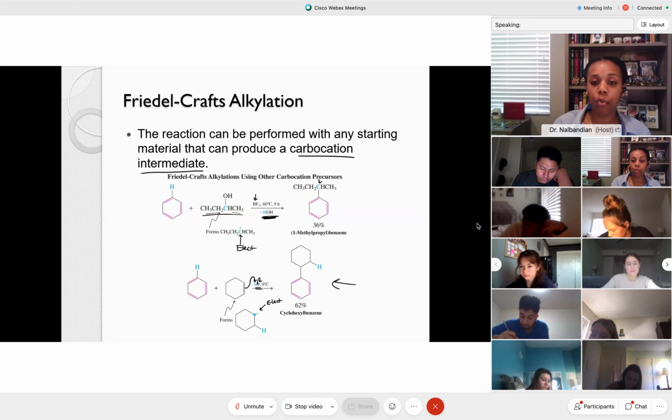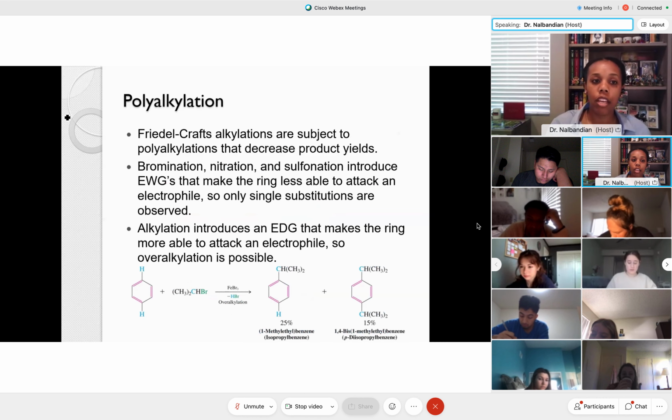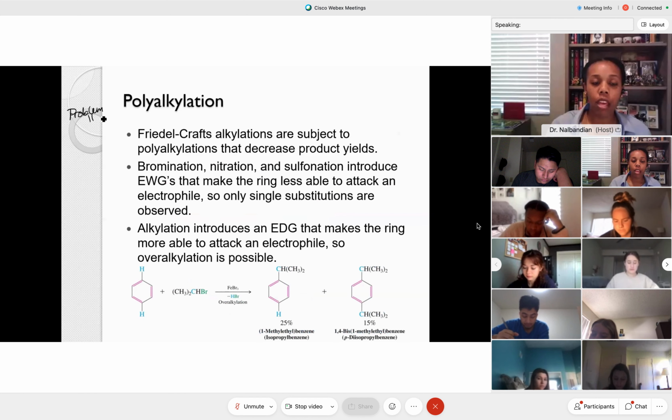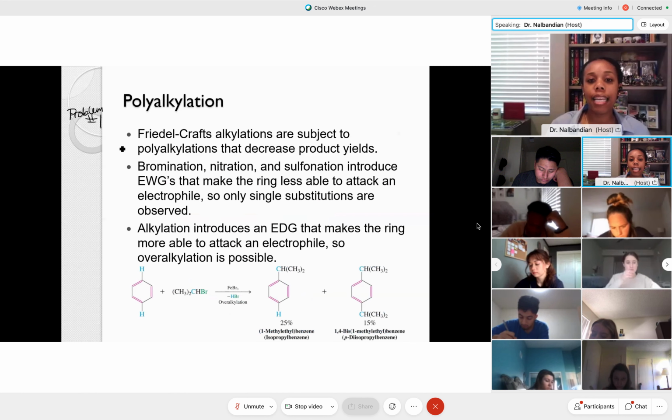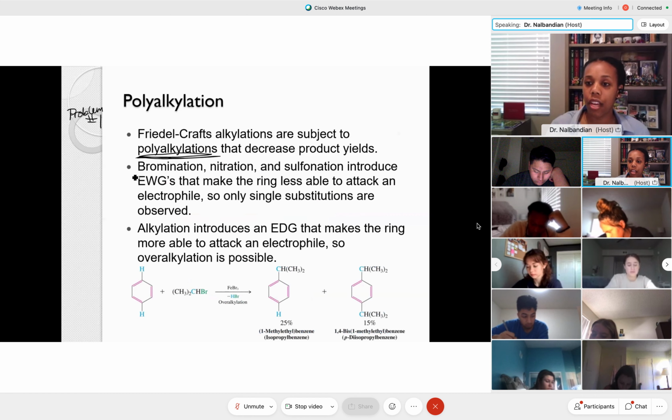All right, so with the Friedel-Crafts alkylation, we have a couple of problems. Here's problem number one. Problem number one is that when you're doing a Friedel-Crafts alkylation, you can go too far and do a polyalkylation. And so your yields will be lower for the product you want, the monoalkylated product, because you've added too many of these alkyl groups. So why wasn't this a problem before?